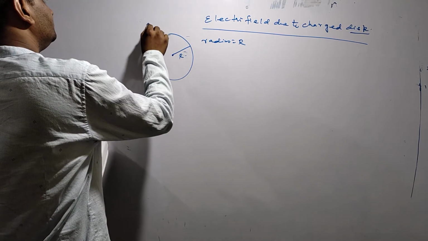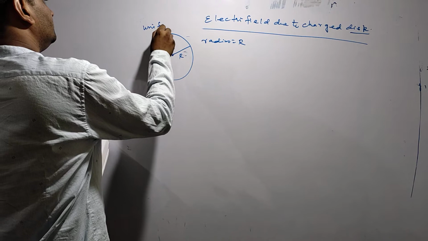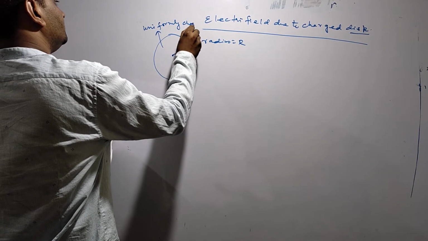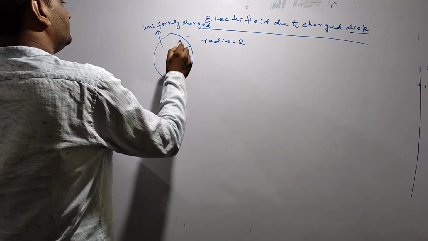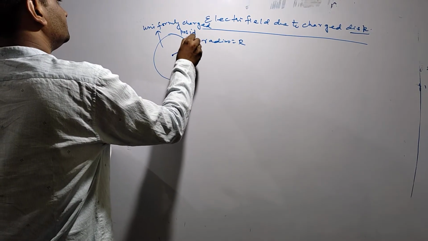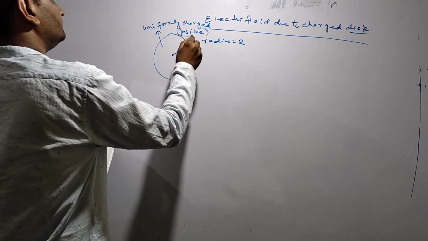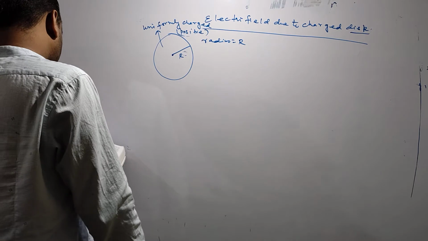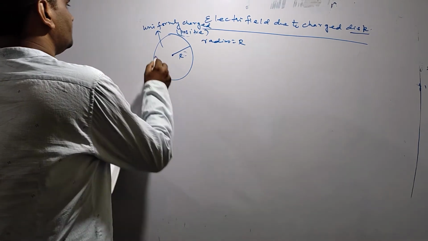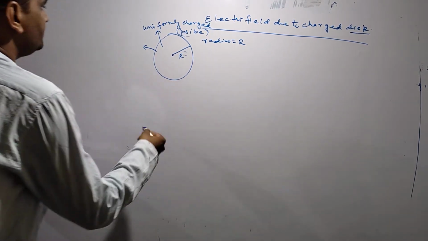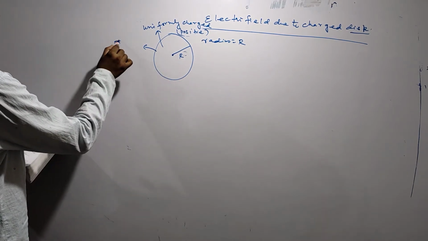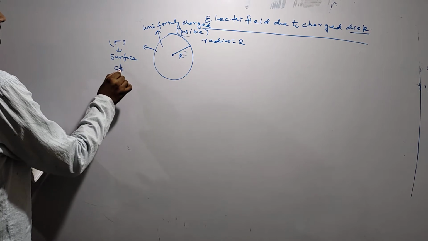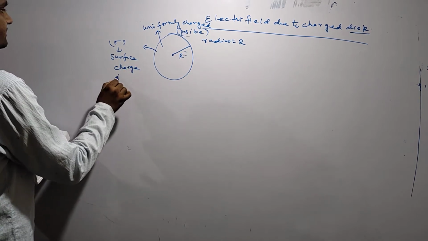It is uniformly charged, say with positive charge, and we define a point function sigma, the surface charge density.